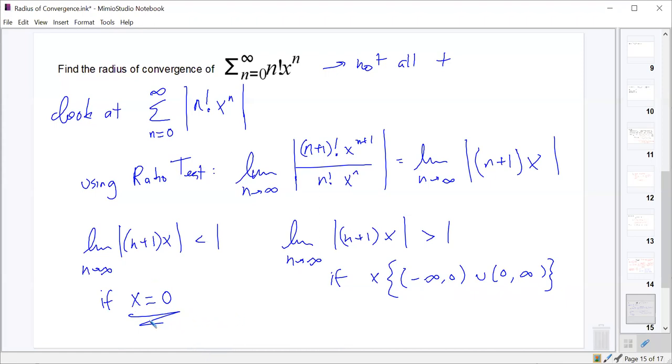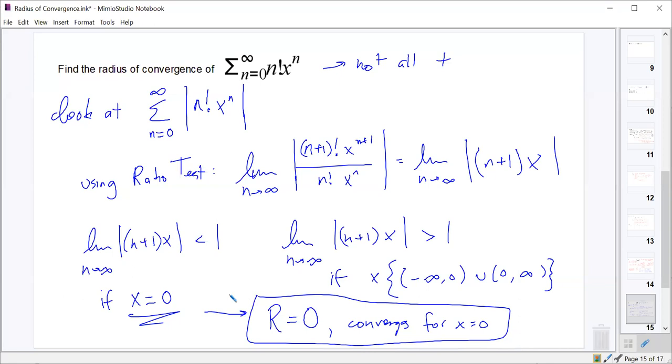If it converges only at x equals 0, I think I briefly mentioned this yesterday. This tells us that the radius of convergence is 0. Right? And we would say that this converges solely for x equals 0. Good or no?